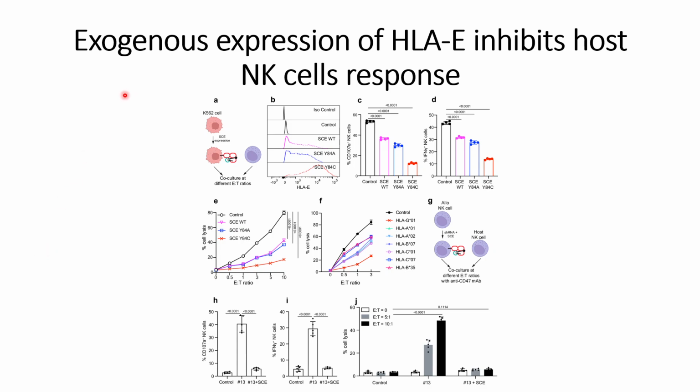In this video, we will discuss how exogenous expression of HLA-E on NK cells can inhibit the host NK cell response. So, how did this idea come to the researchers, the authors of the paper?